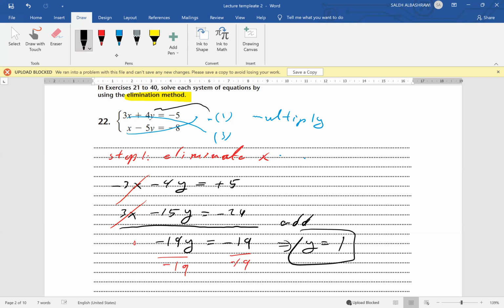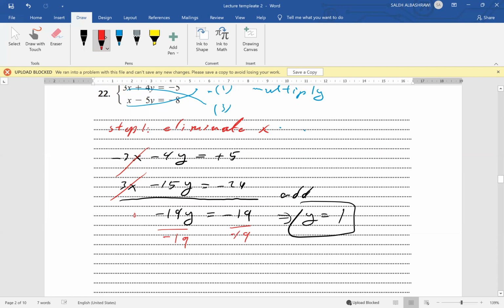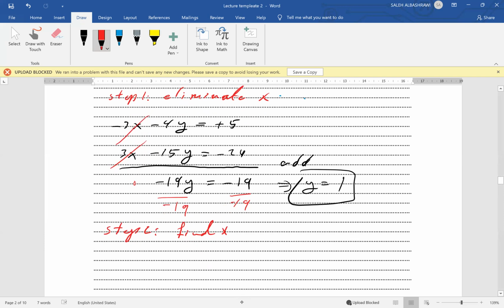So we got the first variable. I have y equal to 1. Now I will use this value of y to find the value of x. I can substitute y in the first equation or in the second equation. Now step number 2, find x. I'm using the first equation now: 3x plus 4y equal to minus 5.